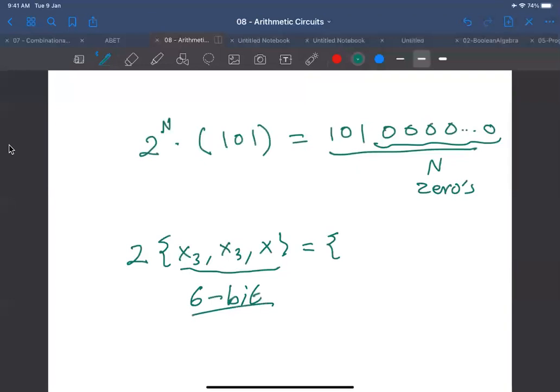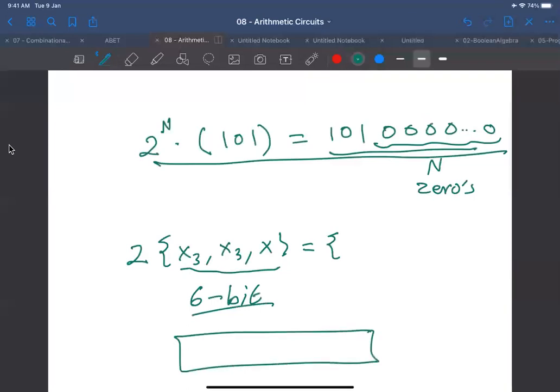Here we are assuming unlimited or unsigned numbers, but for signed numbers, you have a limited number of bits. So you will have to shift the number to the left with the most significant bit lost. So you have x3, followed by this one here, and then you add a 0 here. So x3, then x, then 0. This is the result of the multiplication by 2.